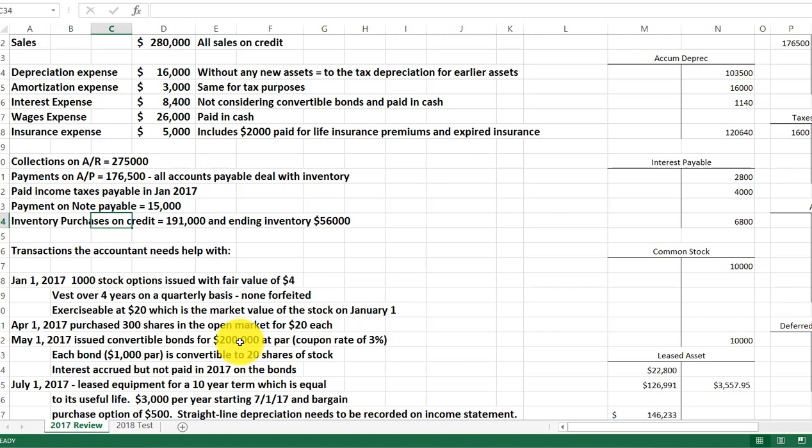Okay, $200,000, interest accrued during the year, but is not paid. So we're going to have to figure out both the issue of the bonds and the interest.